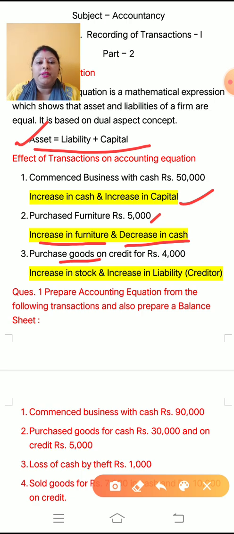Goods are coming, so stock is increasing, but it is purchased on credit, and credit means liability. Your liability is also increasing because you have to pay, you have not paid yet. So liability increases. This is the effect of transaction on accounting equation.